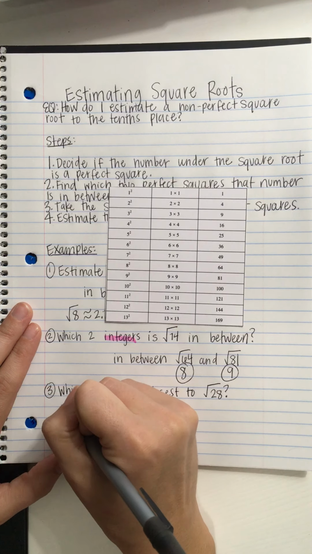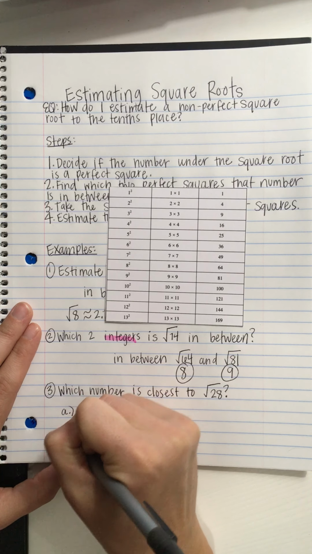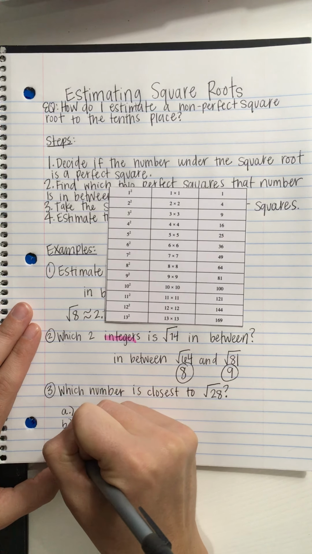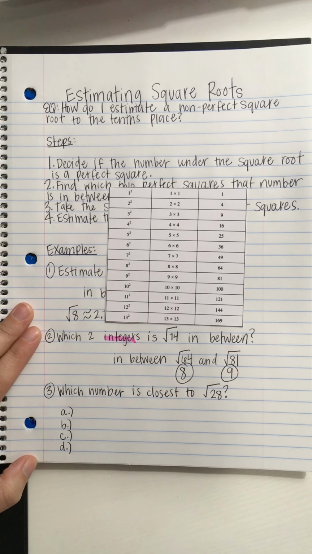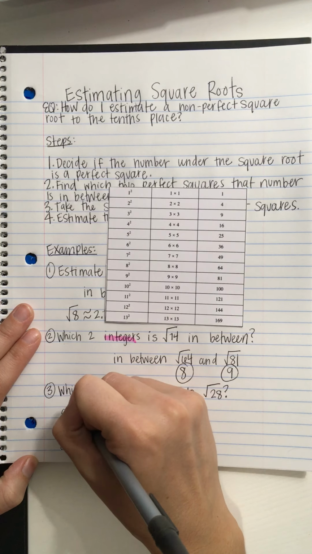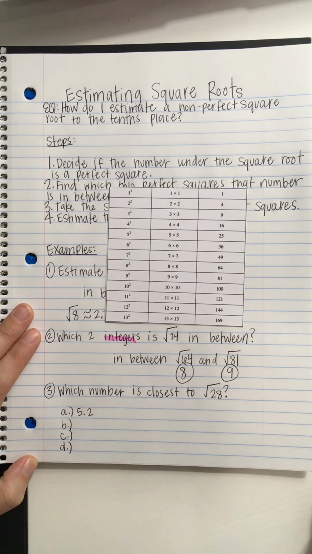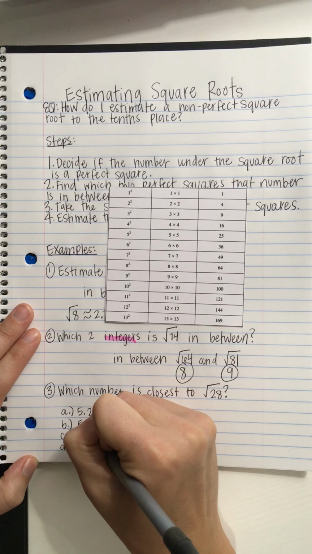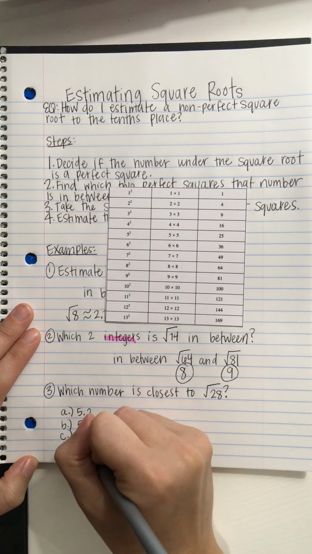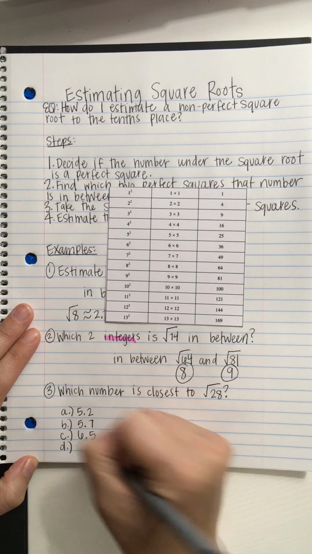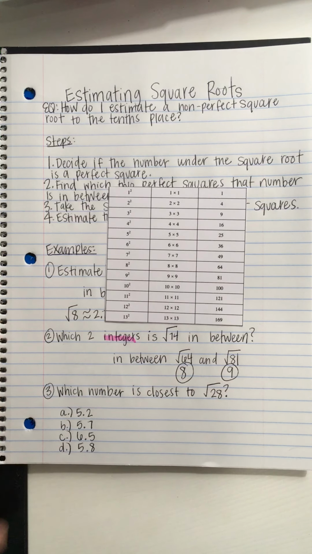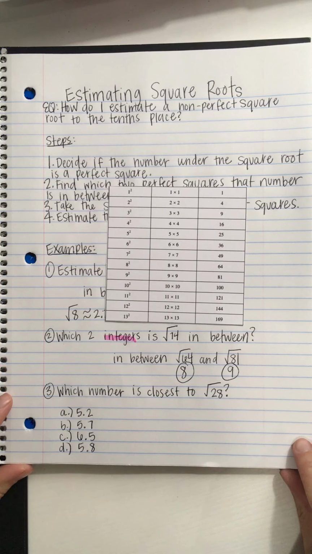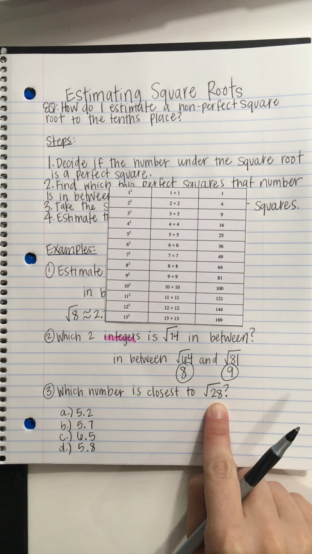I'm going to give you some examples: A, B, C, and D. So pretend it's a multiple choice question. A is 5.2, B is 5.7, C is 6.5, and D is 5.8. All right, so we want to know which number is closest to square root of 28.